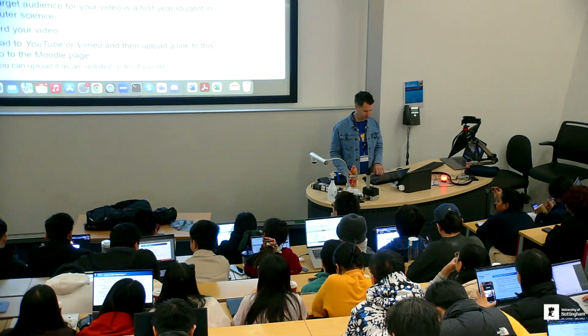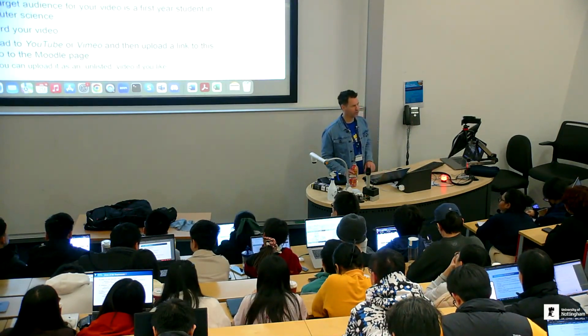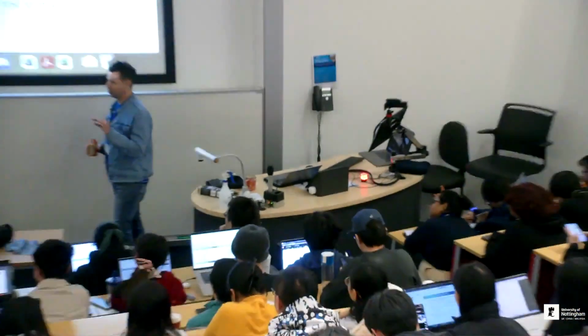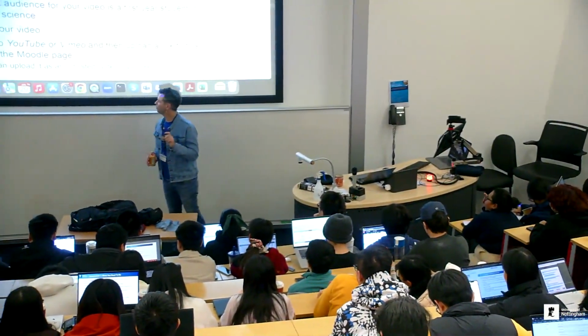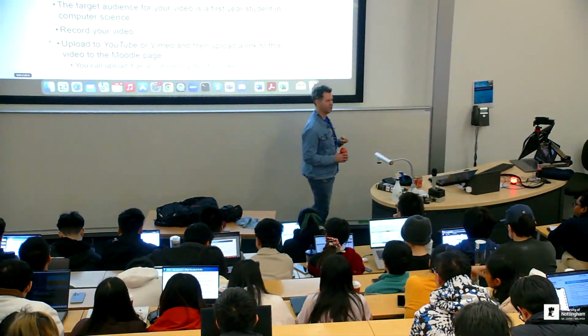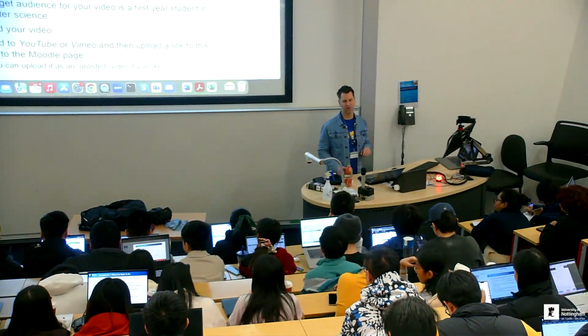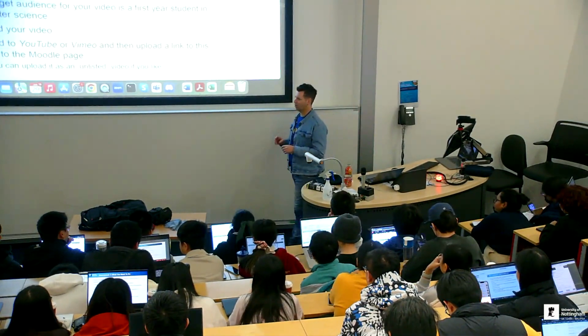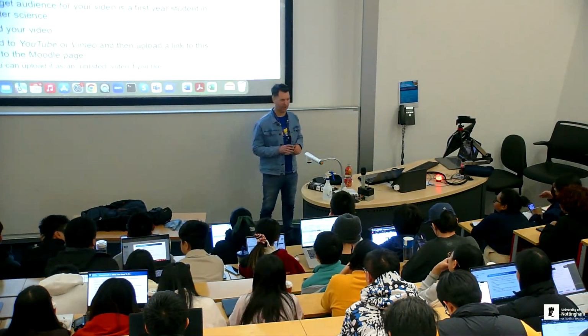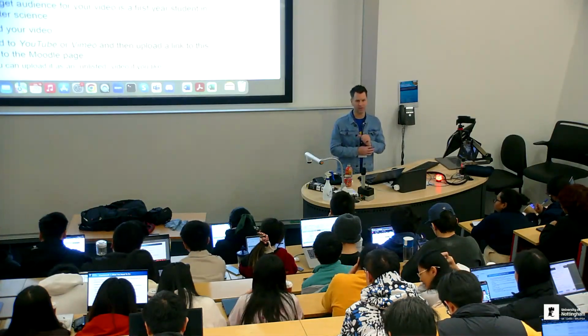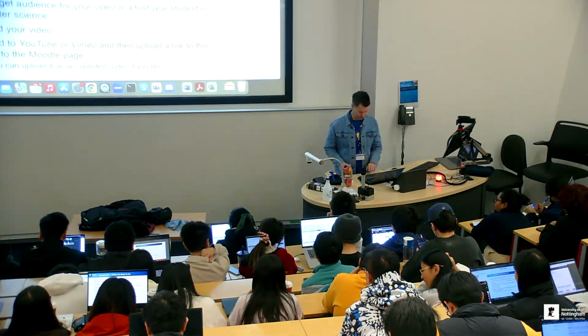You record your video, then you upload it to YouTube or Vimeo and provide a link to that video in your submission. Does that make sense? The detailed coursework 1 specification is on Moodle. It's already on Moodle. It's going to be modified a little bit, but the details are already there.